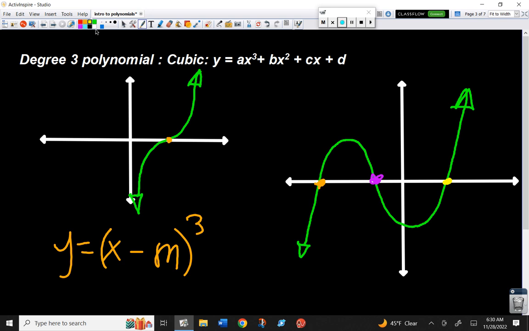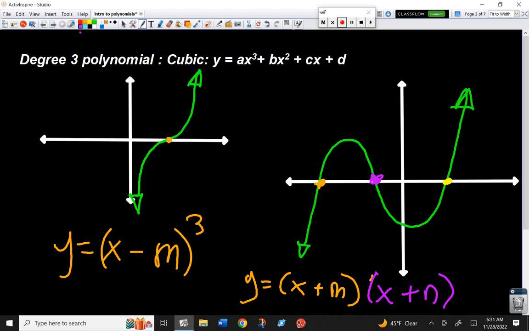Okay? And the way we would write this equation, we'd simply say that y is going to equal x minus, or I'm sorry, plus, we'll say m, because I've been using the letter m. And then the next one, ladies and gentlemen, is going to be x plus n, right? Because that's the next one.